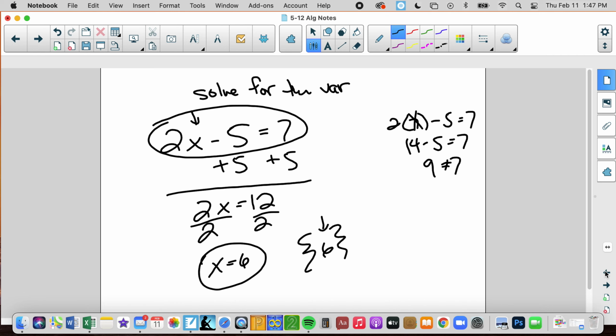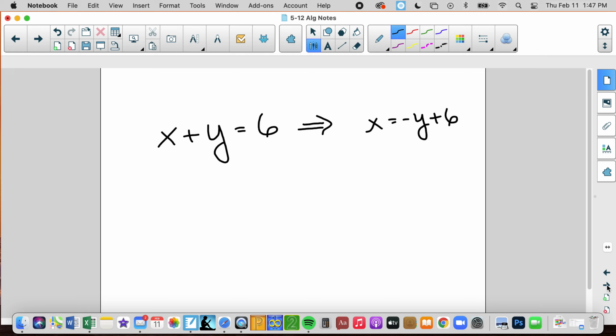So remember when we isolated for the variable, we only got a constant, because there's only one variable in the equation. However, when we introduce a secondary variable, you notice that when we solve for x, we get another variable in our solution. So that doesn't really help us because it doesn't give us a constant. It's not a true value. It's not a value that we can work with.